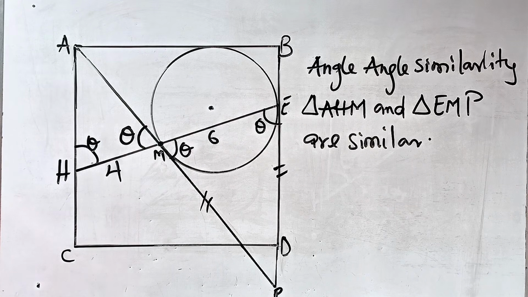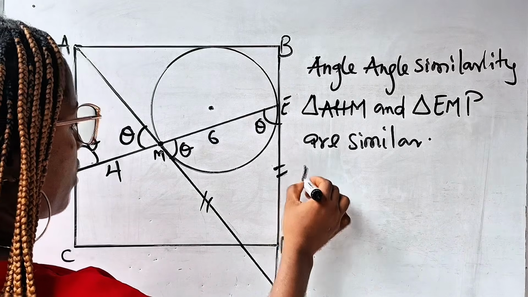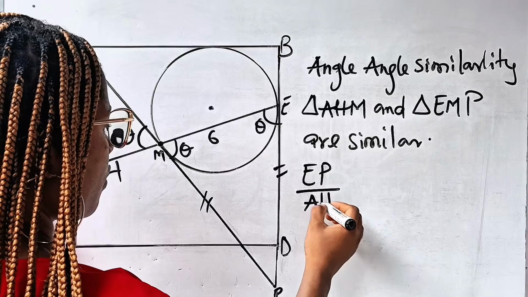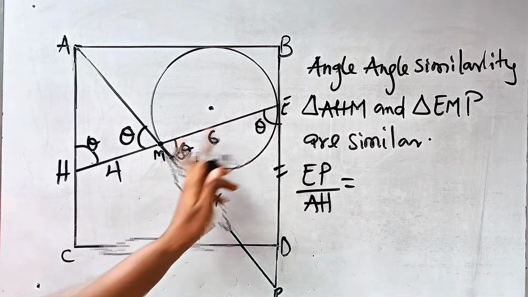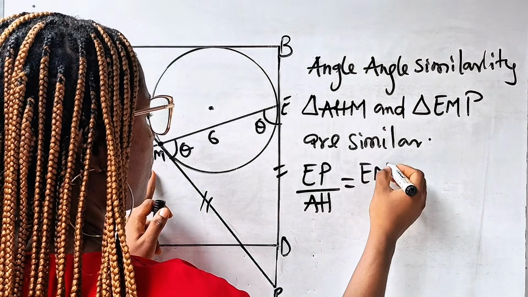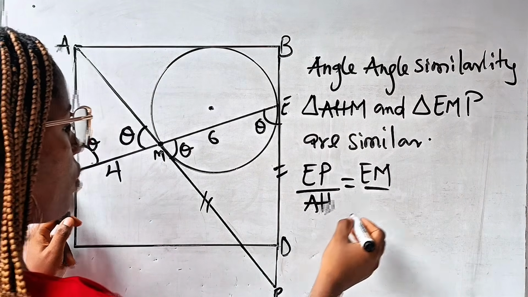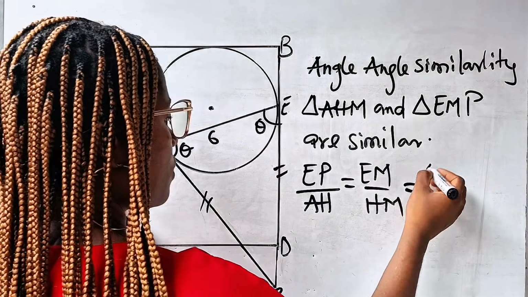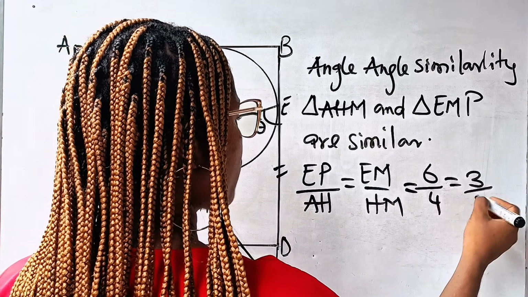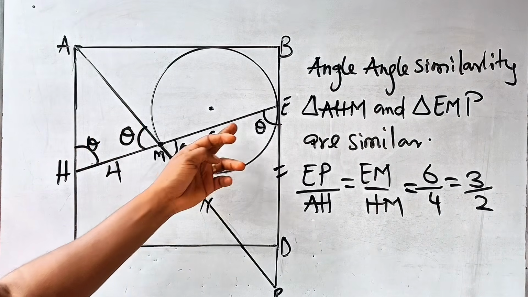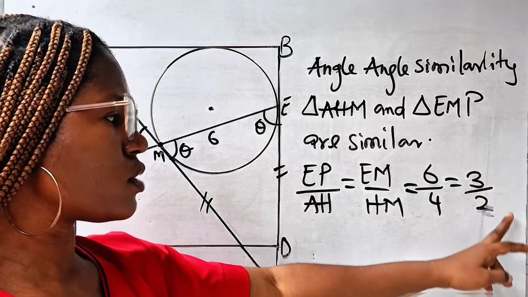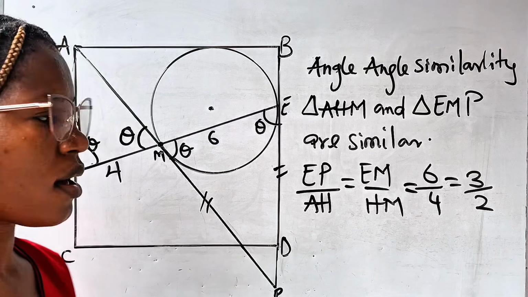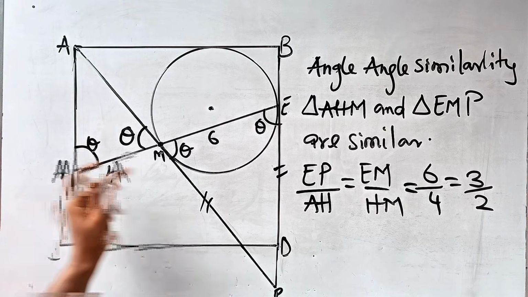So EP over AH is equal to EM over MH, which is equal to 6 over 4, which is equal to 3 over 2. So the sides are in the ratio of 3 to 2. If we call EP 3y, it simply means that AH is 2y.